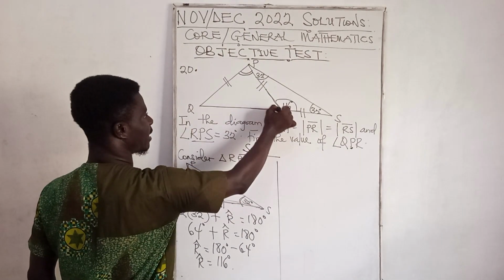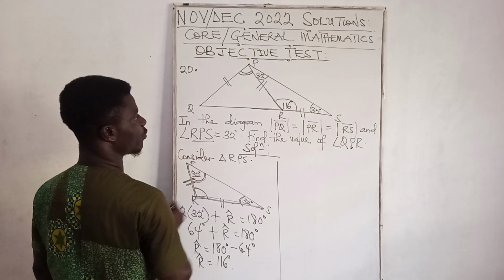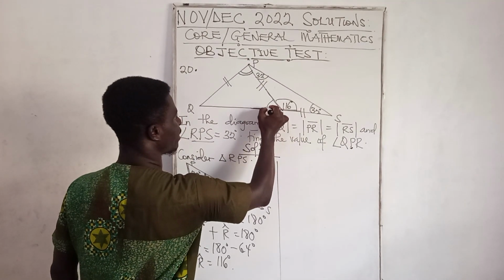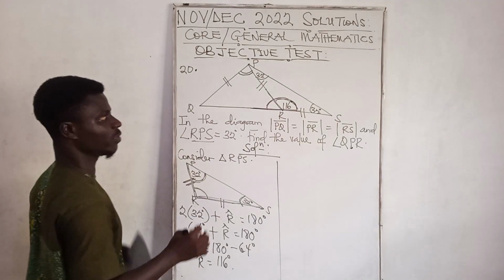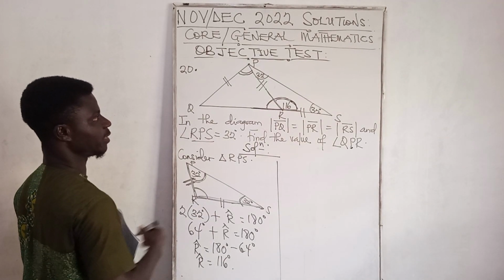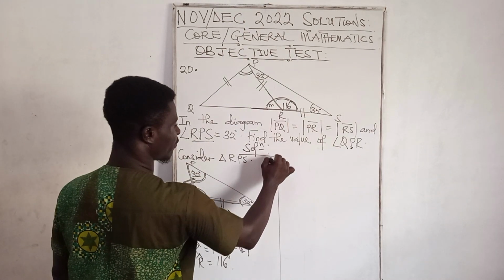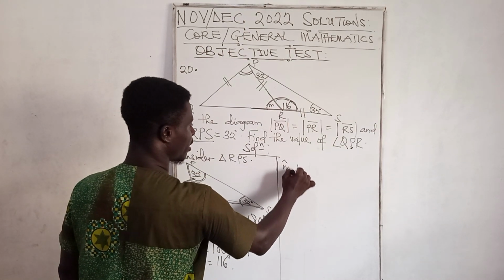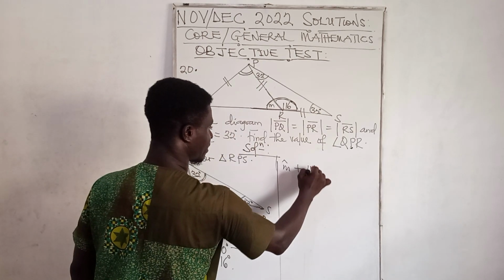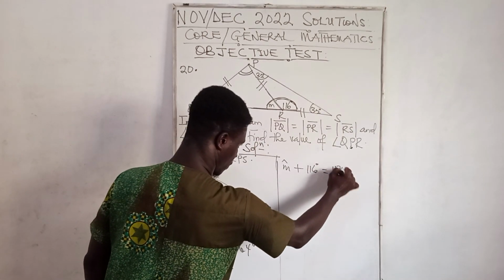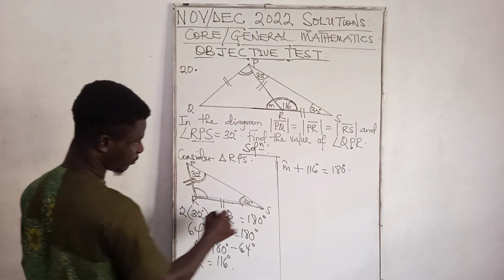So adjacent angles on a straight line add up to 180 degrees. So I can say that here is m. So I can write angle m plus my 116 degrees equals 180 degrees.